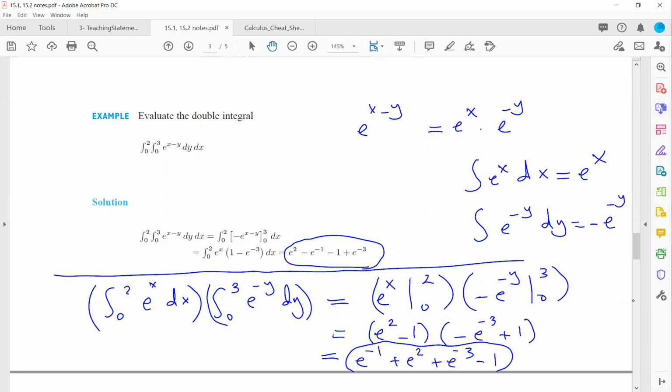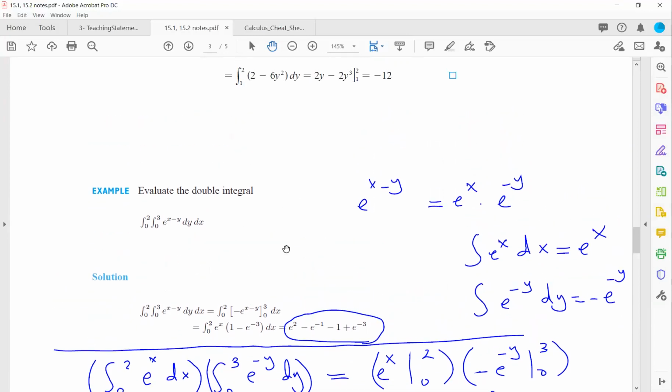So when you have a function in x and y, and x and y are separated from each other, you can actually separate the integrals.